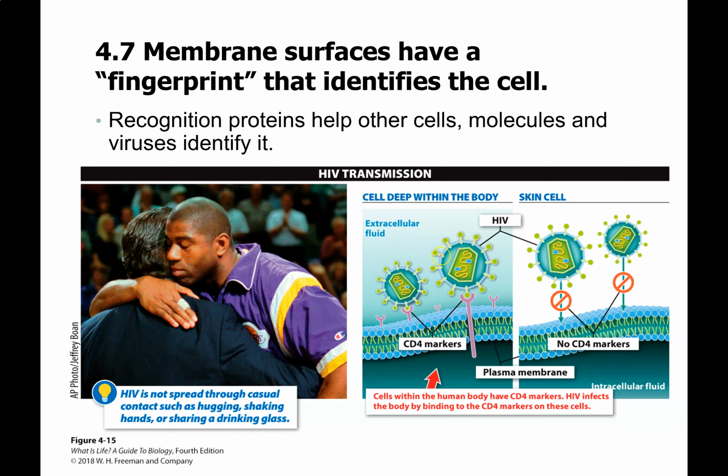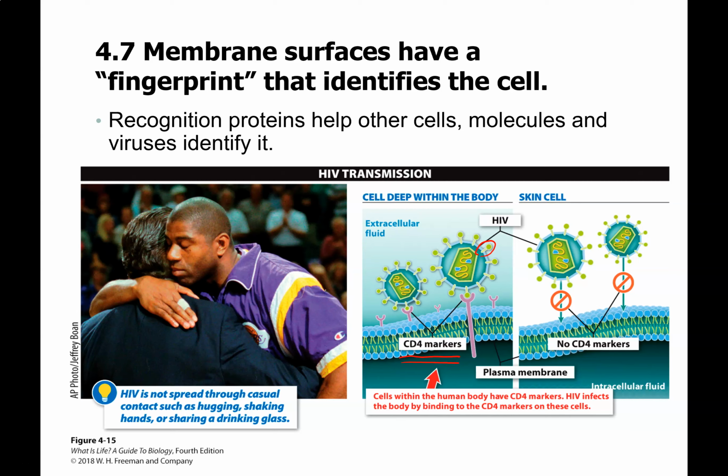Essentially, the HIV virus has these little receptor markers on the outside of their cell. Those have evolved to recognize something called a CD4 marker on the cells of our immune system. So viruses cannot infect just any old cell. They can only infect cells that they can recognize.